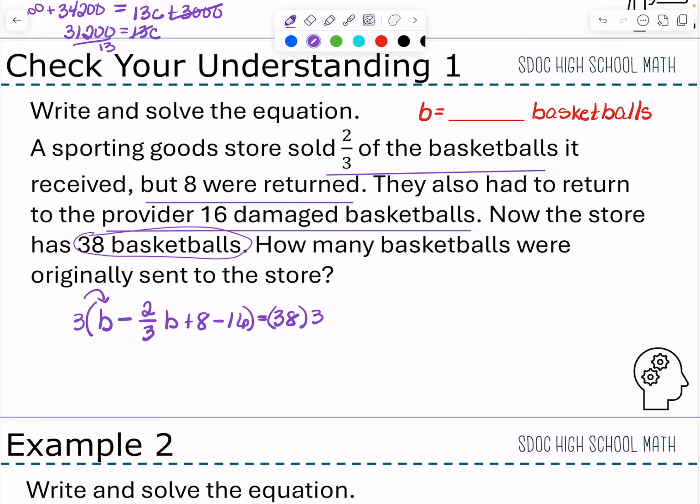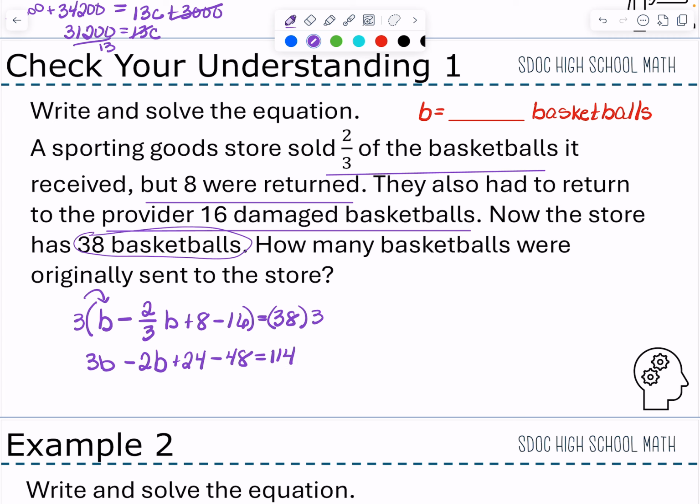So 3 times b is 3b. 3 times negative 2/3 b is negative 2b. 3 times 8 is going to be 24. And 3 times 16 is going to be negative 48. 3 times 38 is going to be 114.